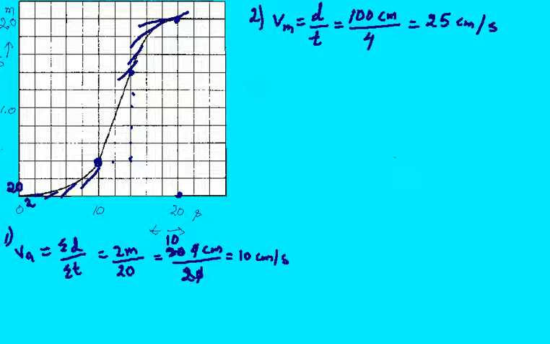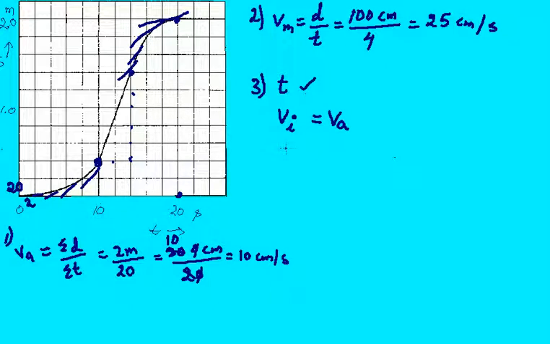Coming to the third part of the problem, we have been asked to find the instant in time where the instantaneous velocity of the body is equal to the average velocity of the body at that particular time t. How do we find the average velocity? We calculate the total distance by total time. What about the instantaneous velocity? Instantaneous velocity is nothing but the slope of the graph at that particular instant in time.